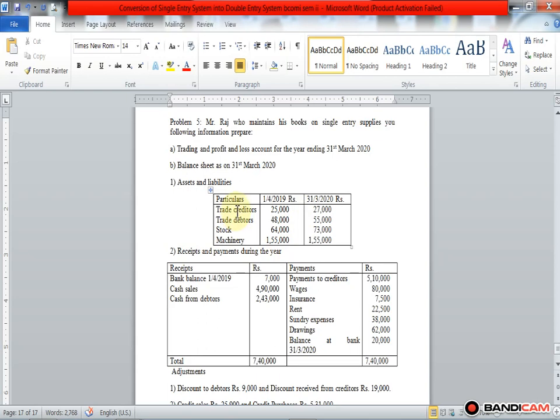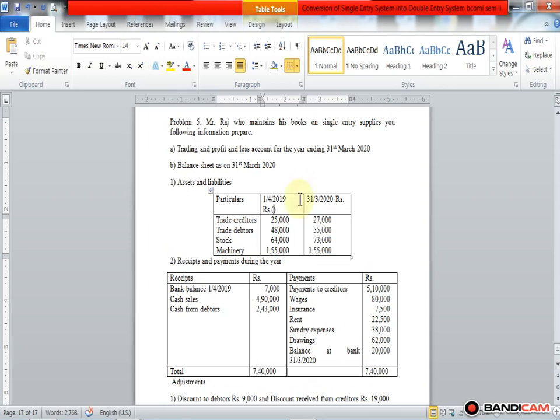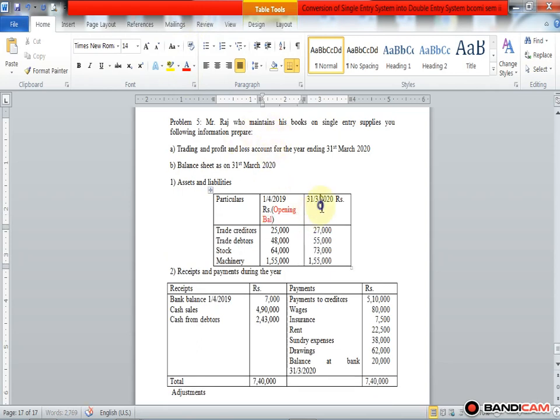In the first column particulars, second column opening balances. 1st April means these are all opening balances, and 31st March is the closing balance. Now we read the particulars.